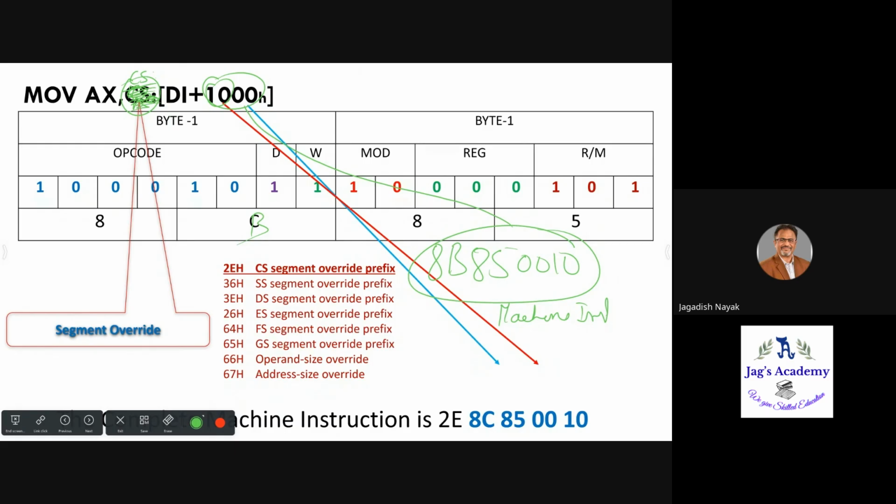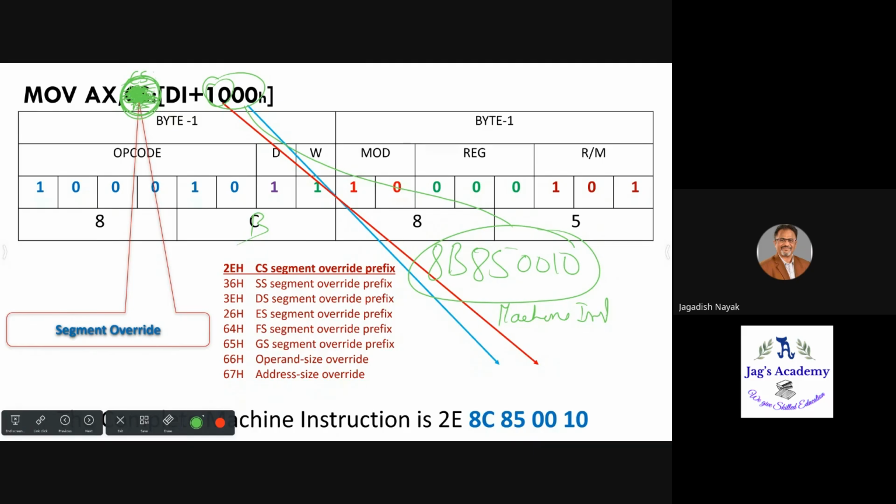Now, what is that prefix? This corresponding table will be given to you. Here, can you see you are trying to override the data segment using the code segment. You are overriding the segment register, mentioning that data is coming from the code segment.